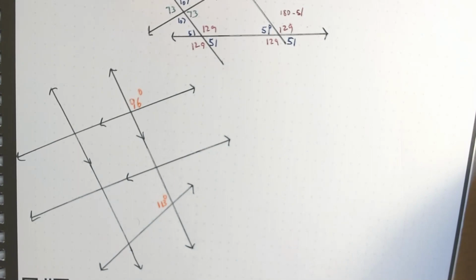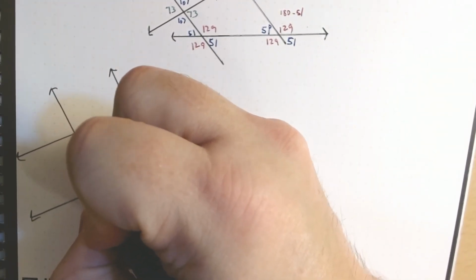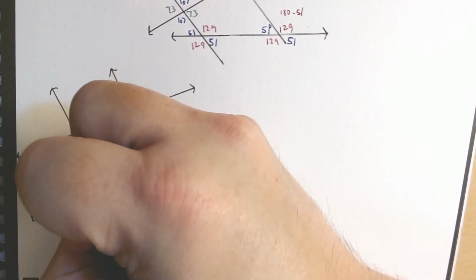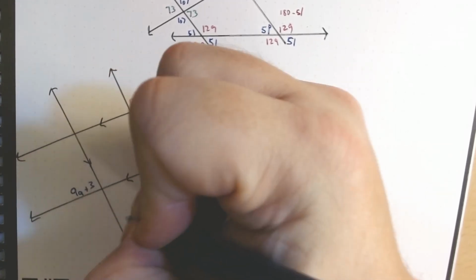Okay. So the change in the next part of this section is I'm going to add some algebra to it. It would be something like I'd put an angle, something right here, and I'd have like 9a plus 3.